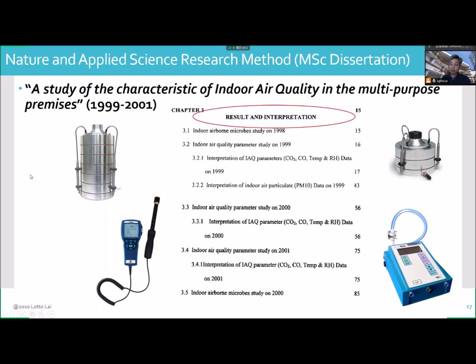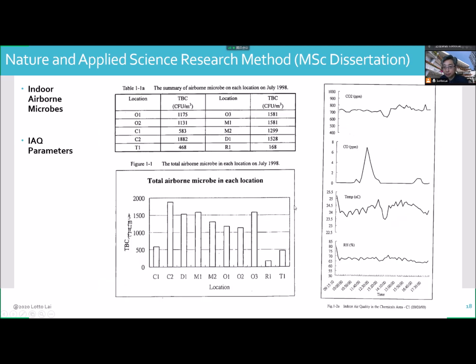Now, the results presented in my MSc dissertation on indoor air quality in multi-purpose premises are separated into 4 different types of parameters. Location and parameters, and graphs show the time series.